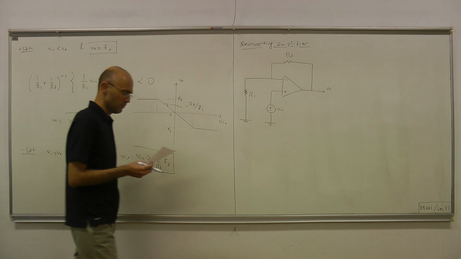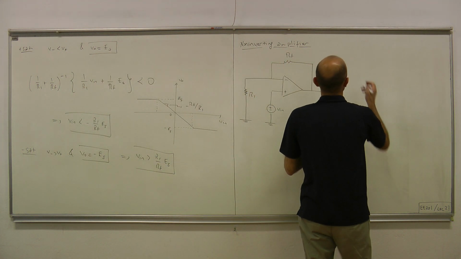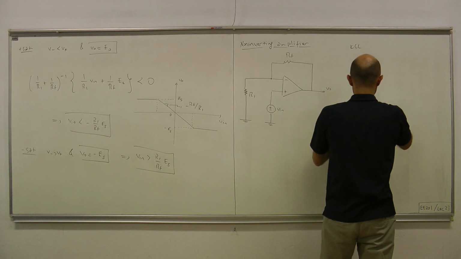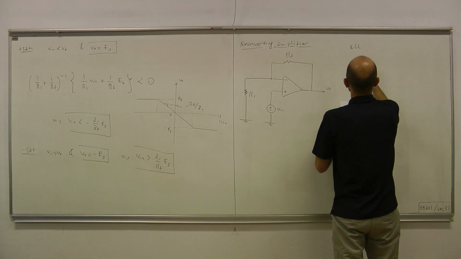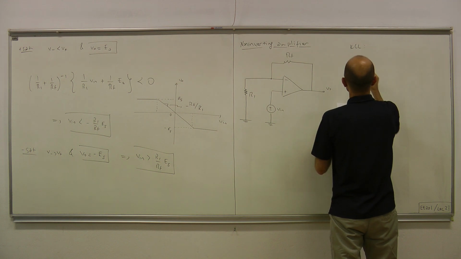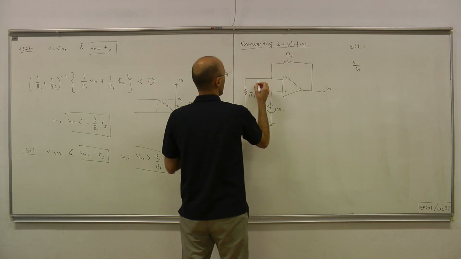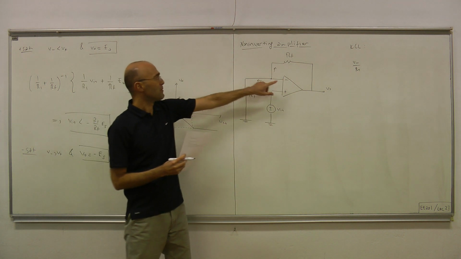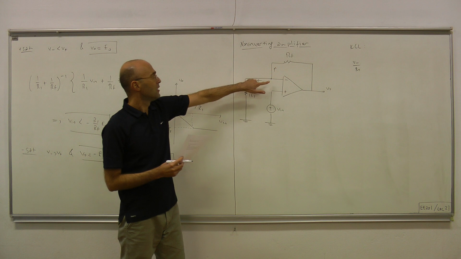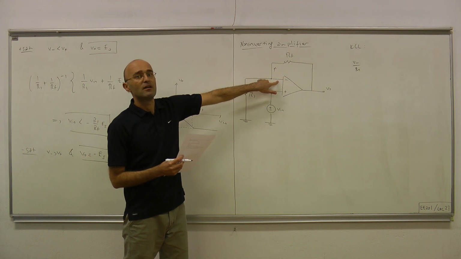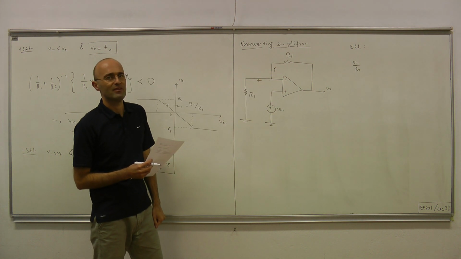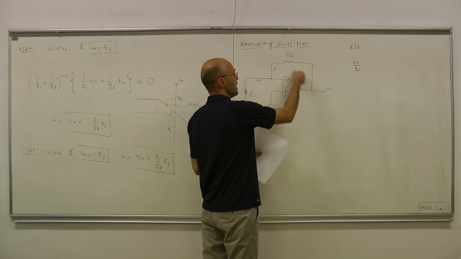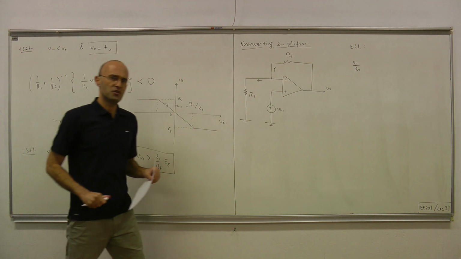Okay, the procedure is simple. Again, by KCL, at this node, V minus over R1, this current, plus that current must equal 0. Note that because we're working with the ideal model, the current into the op-amp through the terminal is 0. How about this current? This current is V minus minus V out divided by the resistance in between.